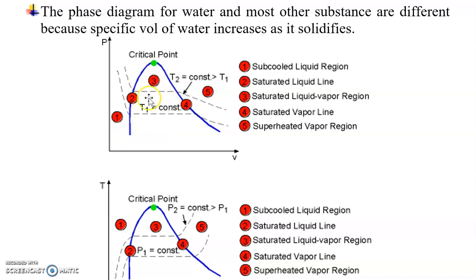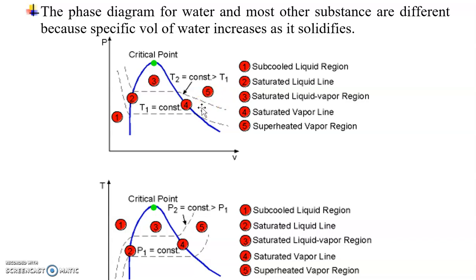The region under the dome is the saturated liquid-vapor region, where you have both saturated liquid and saturated vapor. Closer to the left line, we have more liquid than vapor. Closer to this line, we have more vapor than liquid. So the line itself, marked by number 4, is the saturated vapor line. And on the right hand side, the region is called the superheated vapor region.